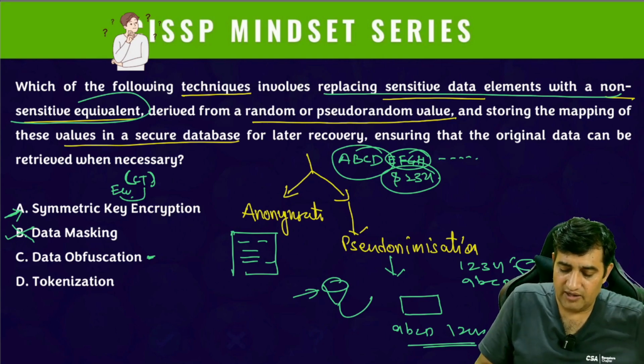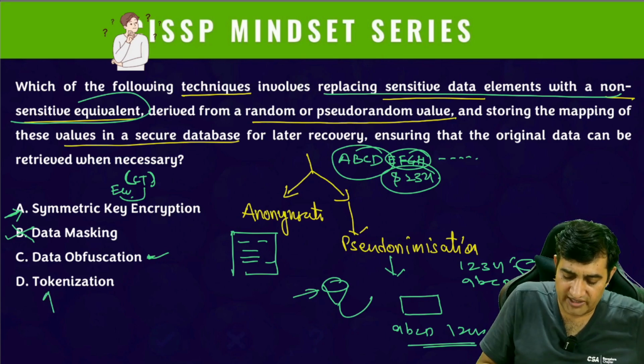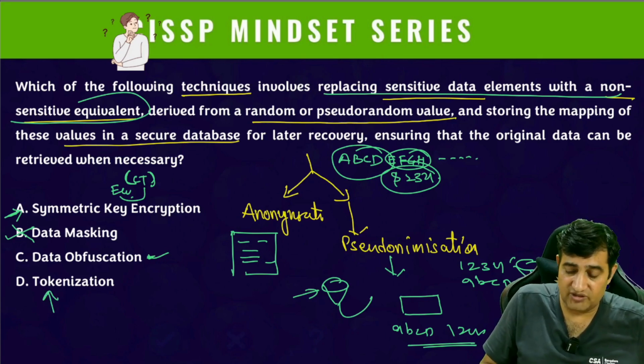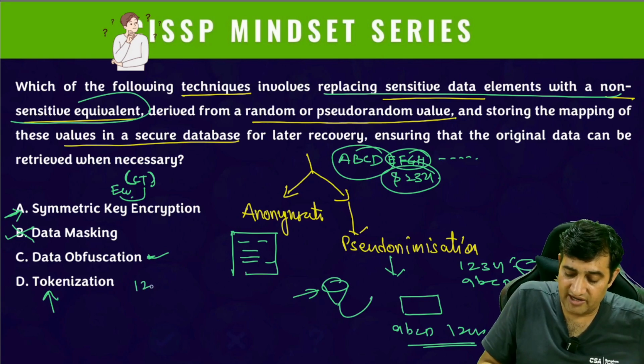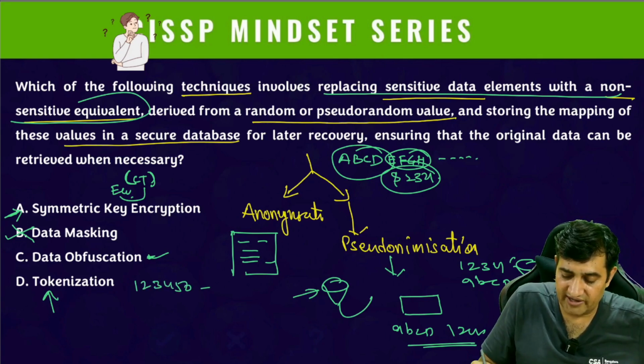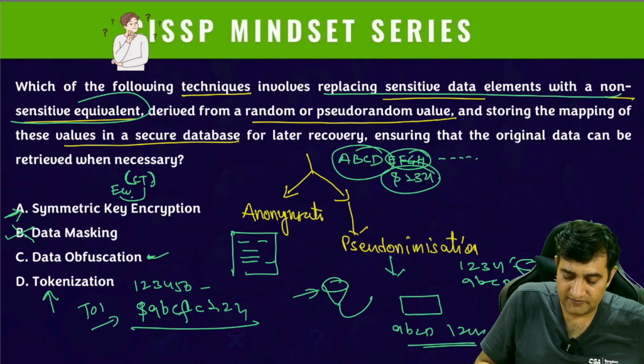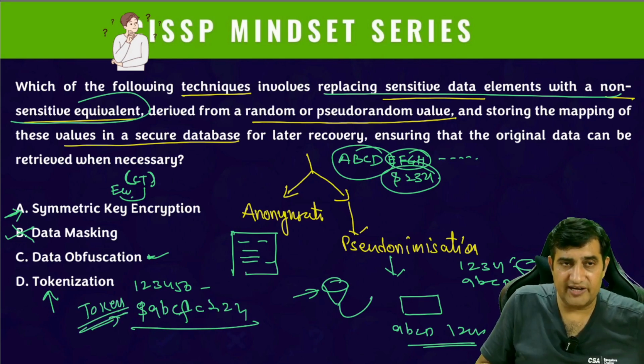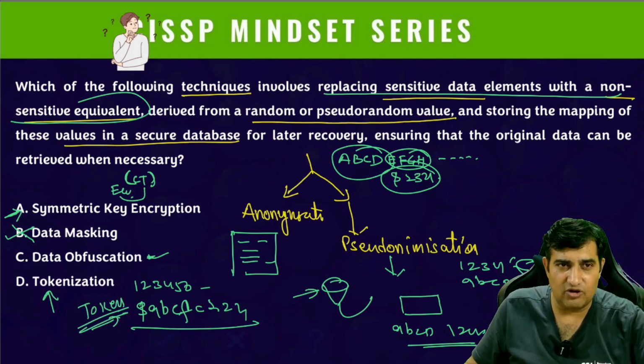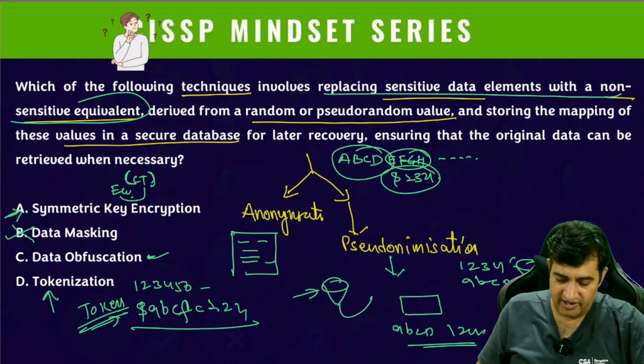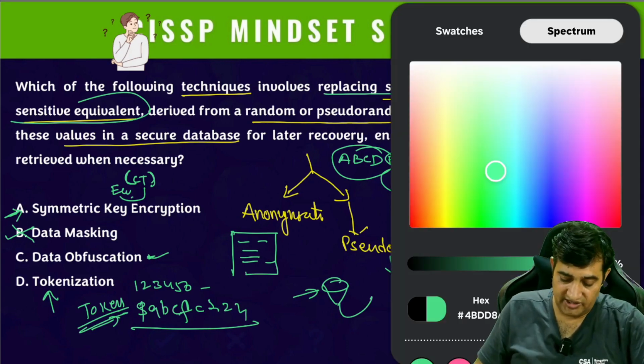So that is where we will not go with this, and we will go with tokenization, because tokenization is a process. For example, you have your credit card 1 2 3 4 5 6 7 8 9, and you replace it with some characters A B C F C 3 2 4. So this becomes now your token, and this is mostly used in the credit card payment industry a lot as well. So definitely the answer is D in this particular case.